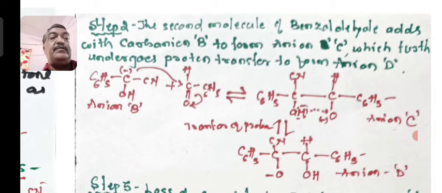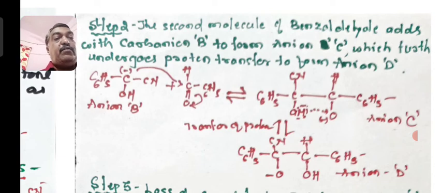Here you can see C6H5 C CN, the first molecule, CN, OH, and the negatively charged carbon will attack another molecule of benzaldehyde to give the product C. And here in this product C, the proton transfer takes place.